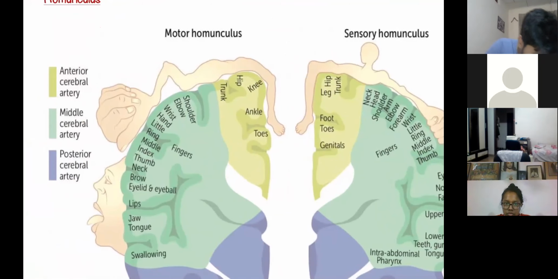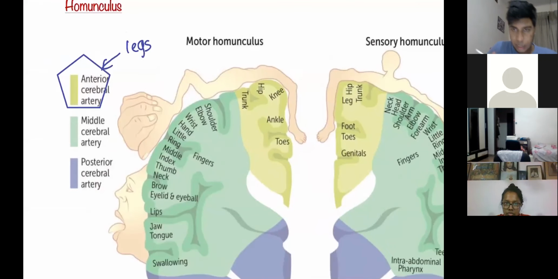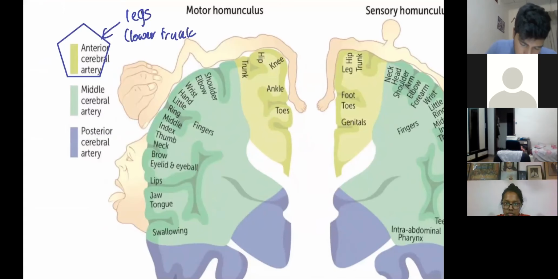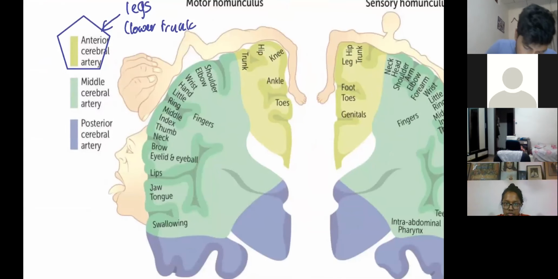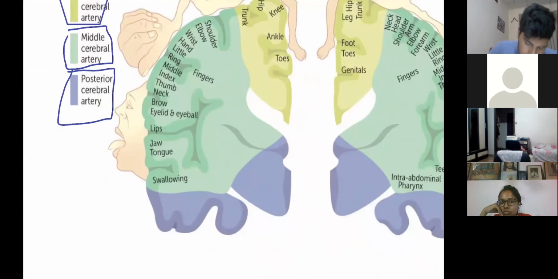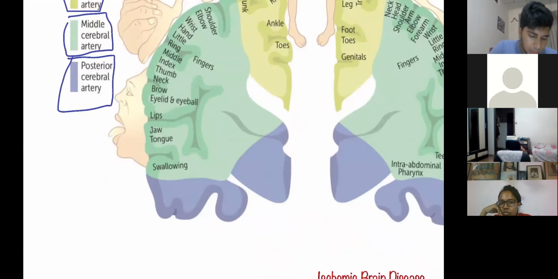Basically, the anterior cerebral artery supplies the legs, the lower trunk. We will draw a diagram, don't worry. The middle cerebral artery supplies the upper trunk. The posterior cerebral artery is mainly supplying the eyes. It is related to the eye.